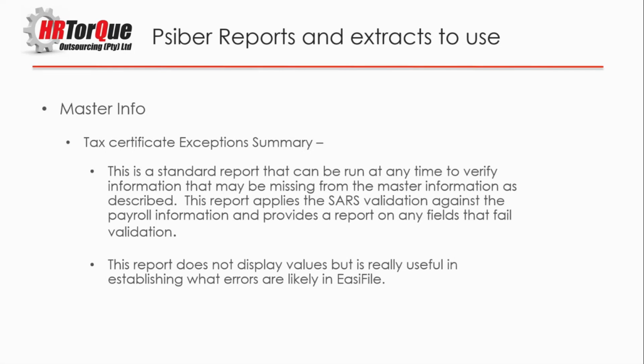So if SARS has thrown a new validation up, it may not have it. But as a general rule, it works quite nicely, and it gives you the information that you need. So if you have a misformed address, or if you don't have a tax reference number, or somebody's ID number doesn't pass the validation. To note, this report does not include values.